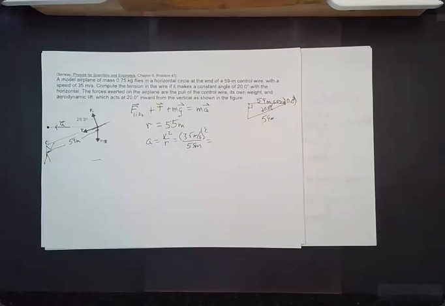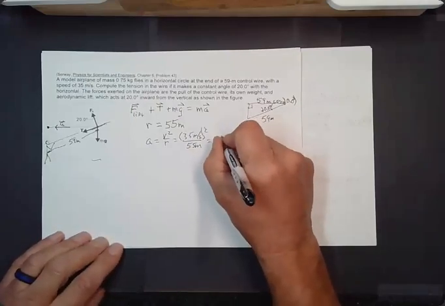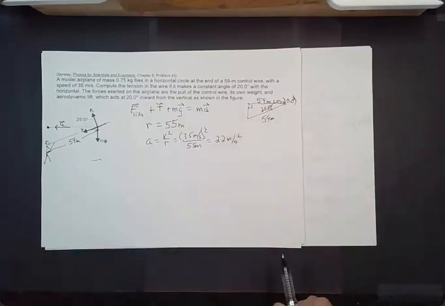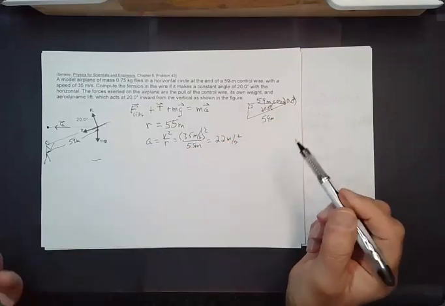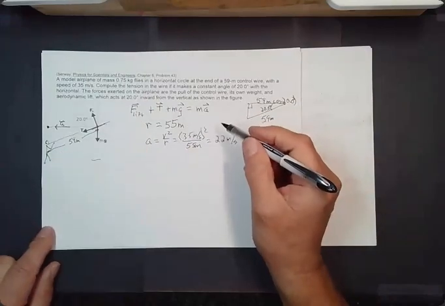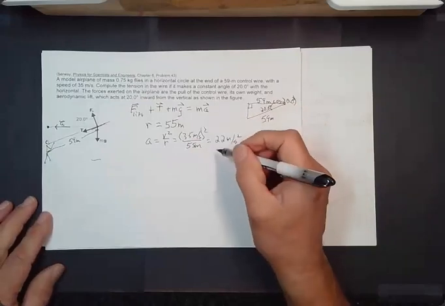And I get about, not a huge acceleration, 22 meters per second squared. Okay, well, that's a little bit of preliminary work. We had to have these numbers for solving this thing, but let's select a coordinate system.